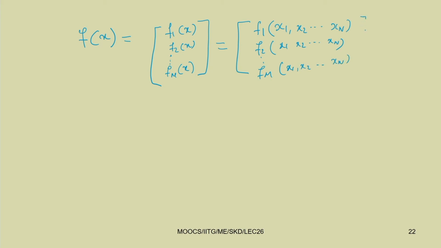So, we can have n number of variables and m number of equations. To find the roots at which this occurs, it must be equal to 0. So, we can write this equal to 0, 0, 0.